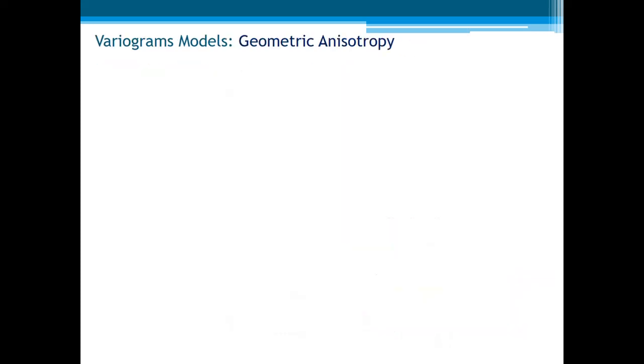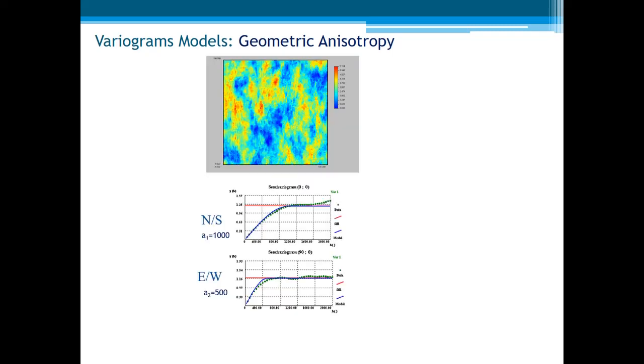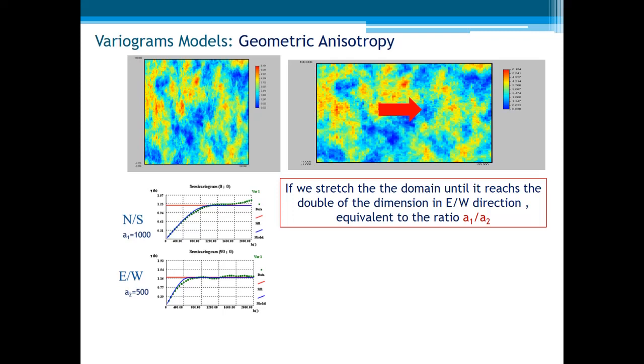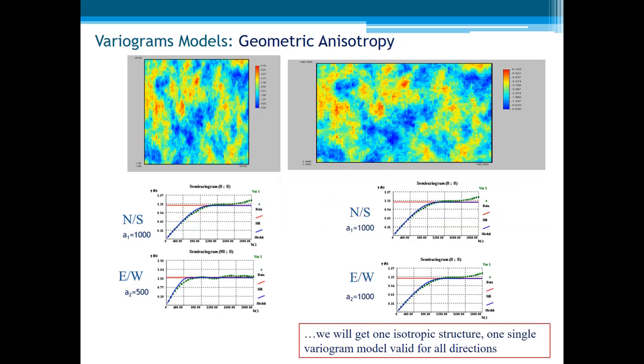Now, if we stretch the domain until it reaches double the dimension in the east-west direction, for example, equivalent to the ratio A1 over A2, we'll get one isotropic structure, one single variogram model, valid for all directions.